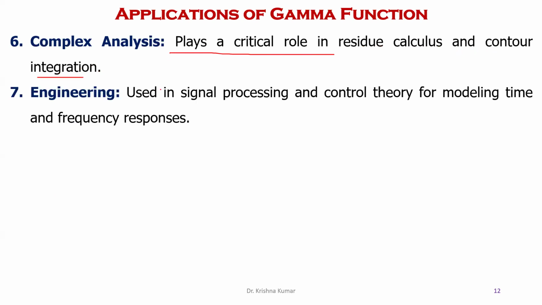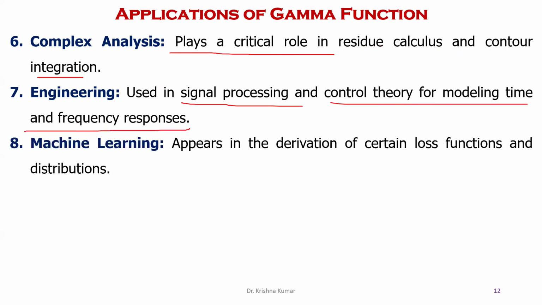The seventh application is in engineering. It is used in signal processing and control theory for modeling time and frequency responses. The eighth is machine learning. It appears in the derivation of certain loss functions and distributions.